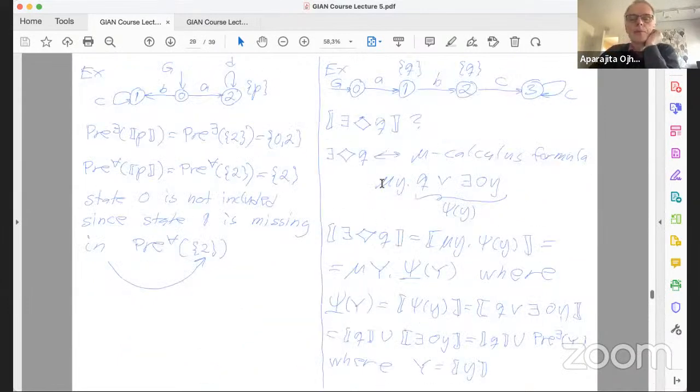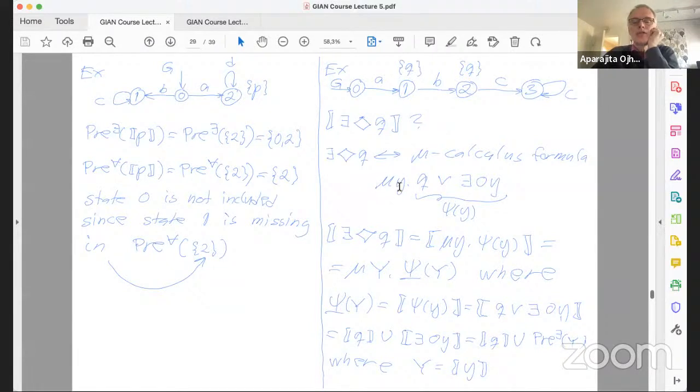And then we have this formula saying that existence eventually Q is the least fixed point, because it starts here with mu, and mu stands for the least fixed point of this logical expression.